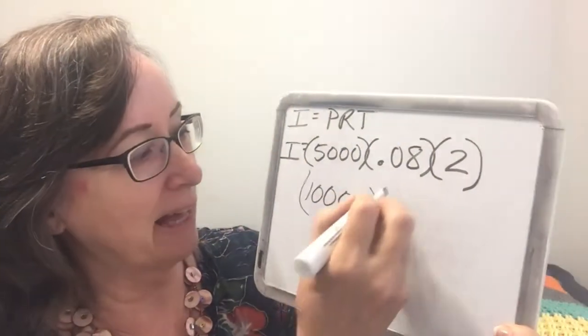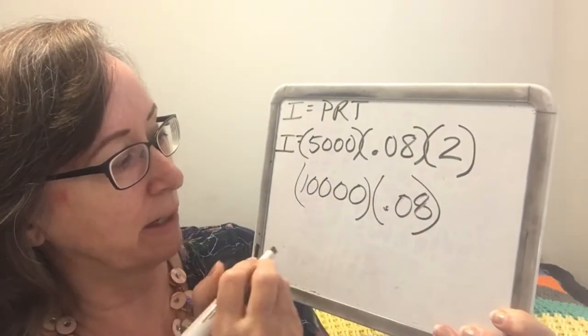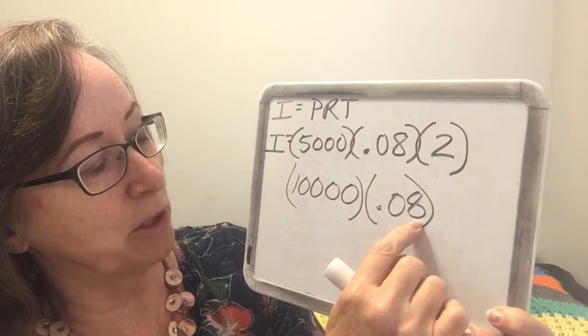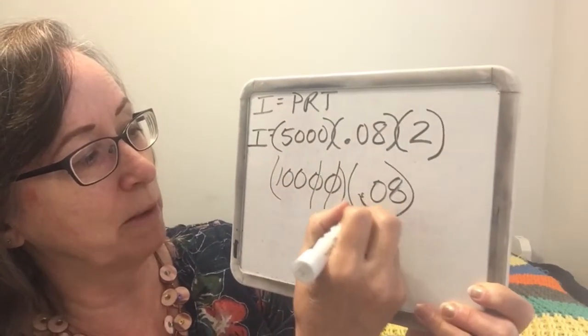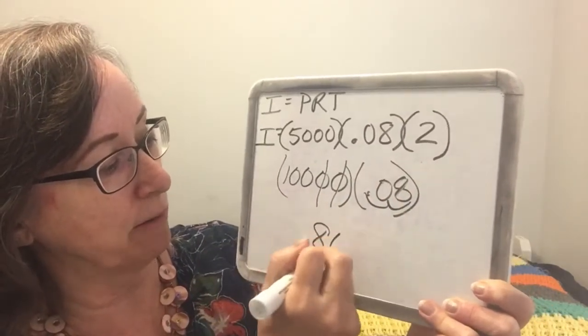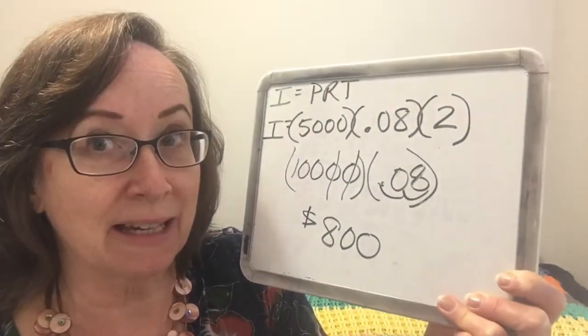So the 10,000 times the 0.08 is going to give us, remember the 0.08 needs to move 2 decimals over, so we can cancel 2 of the zeros and move the decimal place over. So 8 times 100 is $800 that will be added to the account.